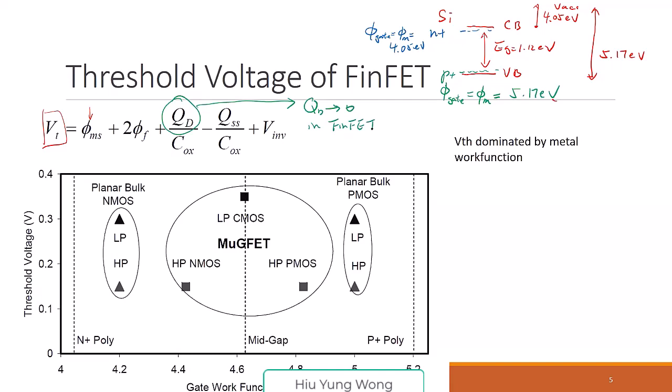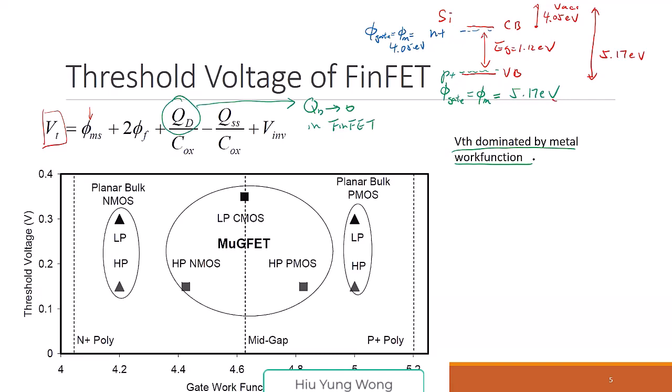There's no heavy doping. Remember in SOI, we also make it lightly doped because we don't need it now. So as a result, the threshold voltage is actually dominated by the metal work function.